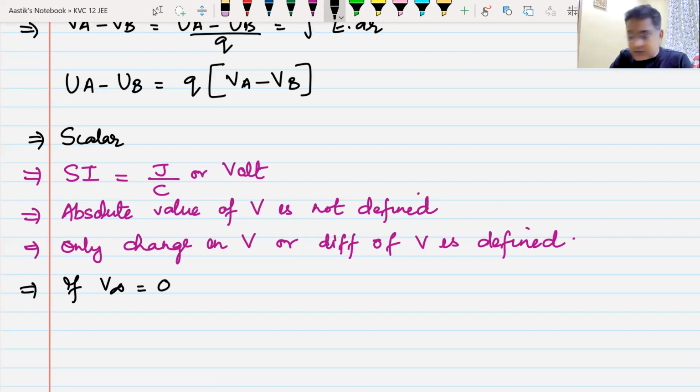If I take the potential of infinity as 0, you just have to put infinity in the equation and you get the answer like this.